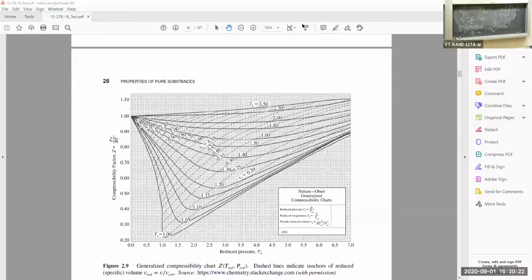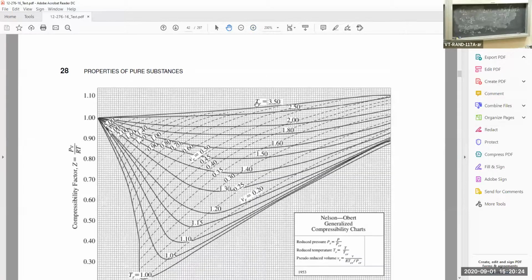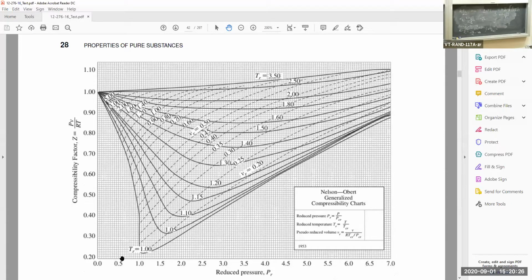There's our compressibility chart. So 0.5 is our reduced pressure, so we're along a vertical line going through here. And reduced temperature, what was that again? That was 1.2. Here's my 1.2 reduced temperature line, that solid line.